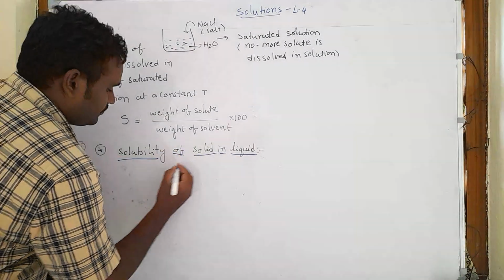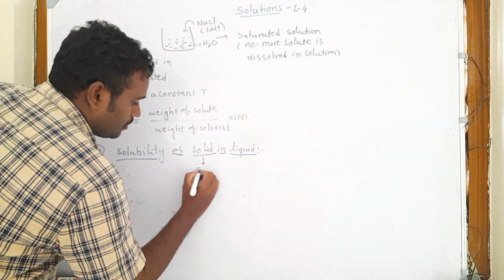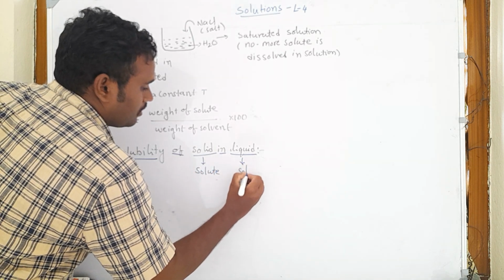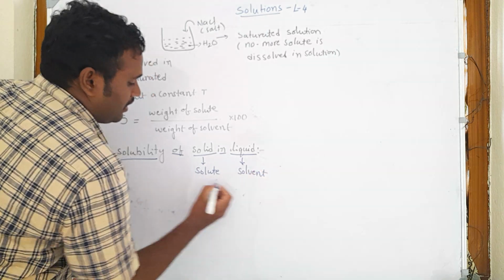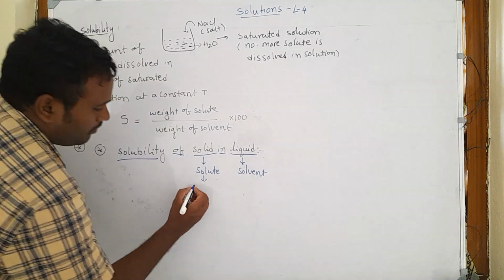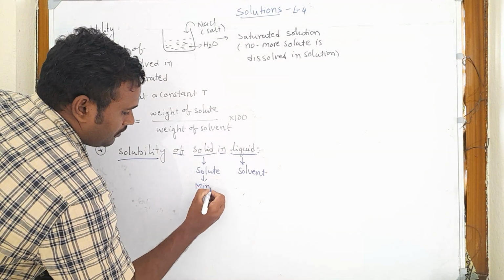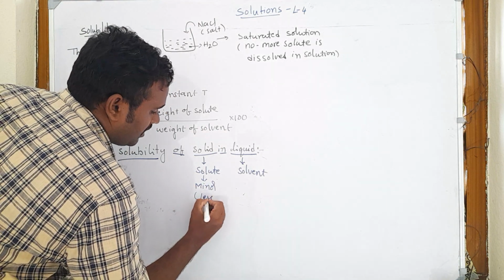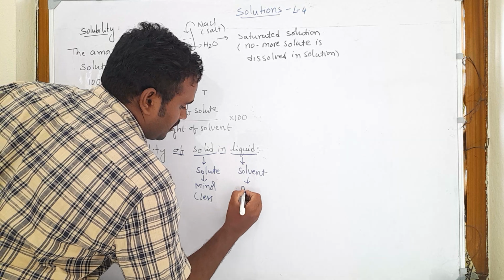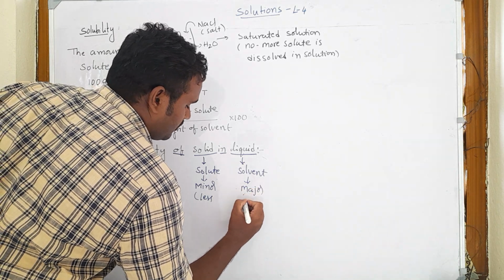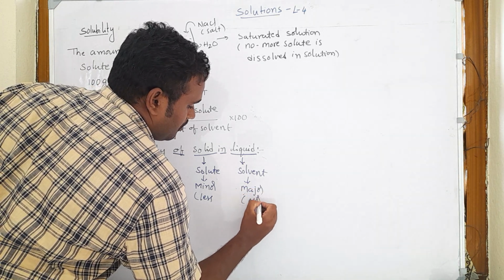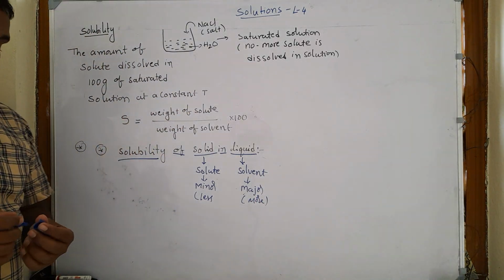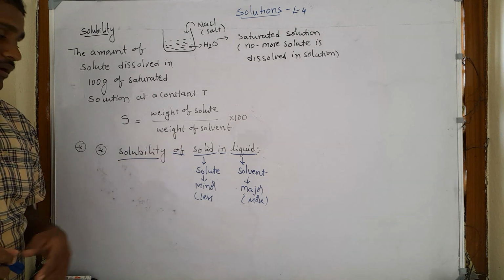Here solid is solute, liquid is solvent. So we already know solute is the minor quantity, which is present in less quantity. Solvent is the major quantity, or more quantity. So now let us discuss solubility of solid in liquid.